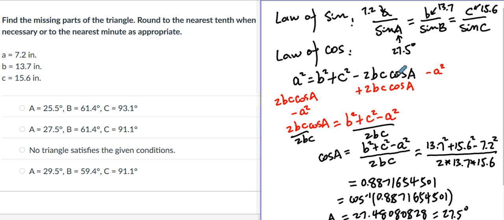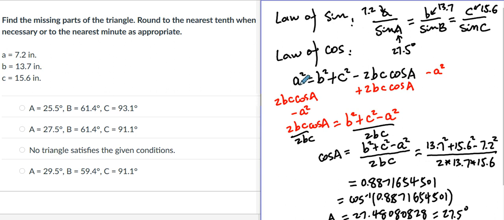But here, we do not know this is a right triangle. So we have to use the law of cosine with the minus 2bc cosine A. This angle A, capital letter, is opposite to the lowercase a.